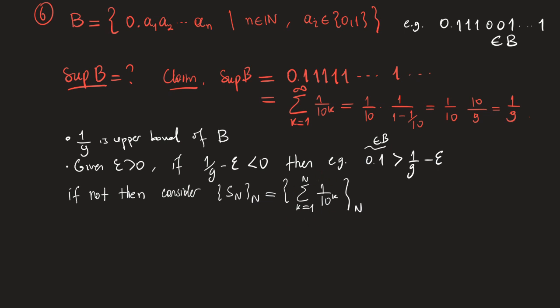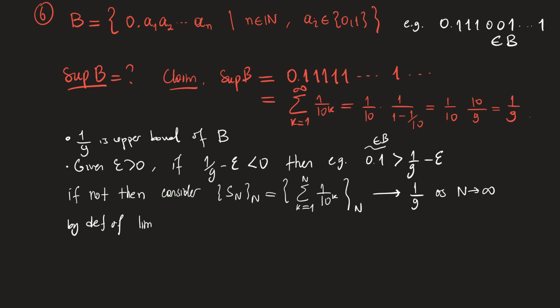We have calculated that the limit of this sequence Sn is 1 over 9, right? So we have shown that this is converging to 1 over 9 as n goes to infinity. So by the definition of limit, there are infinitely many elements from the sequence in some interval that we are going to use.